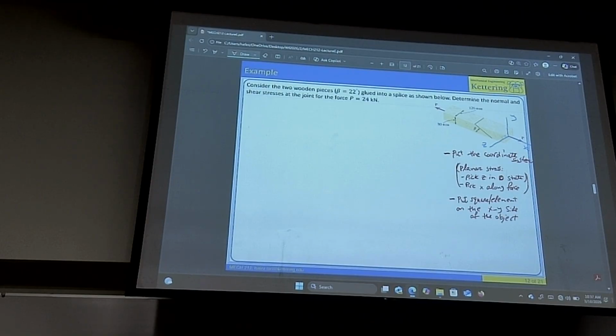So the x, y side of that is somewhere in here. Put that square on that face.